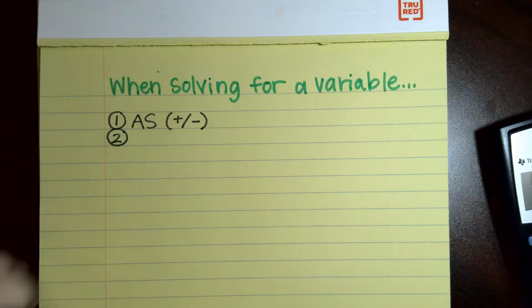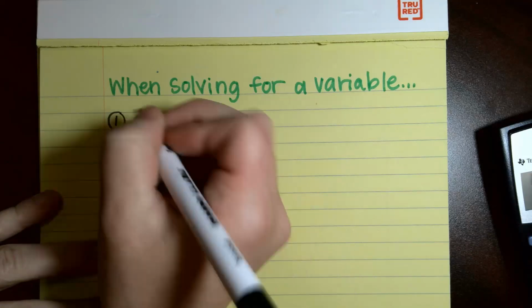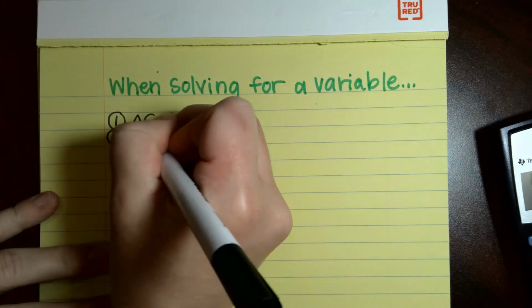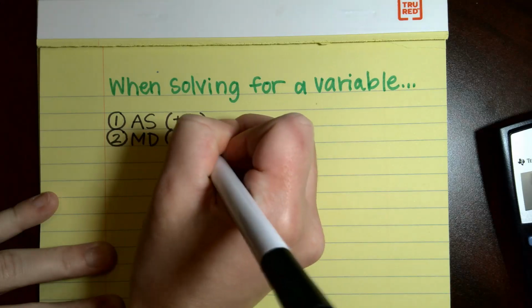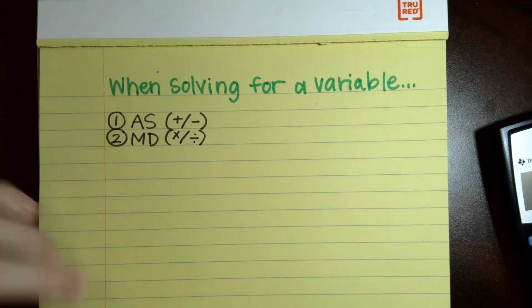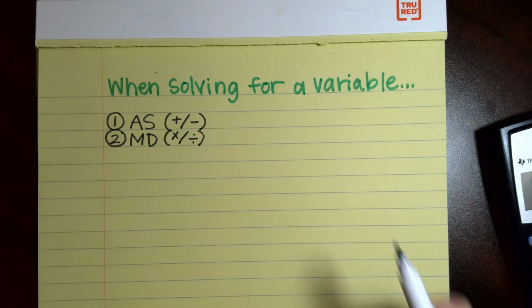And after we got rid of all the addition and subtraction, we would move on and see if there was any multiplication or division. And we would use inverse operations to get rid of that.